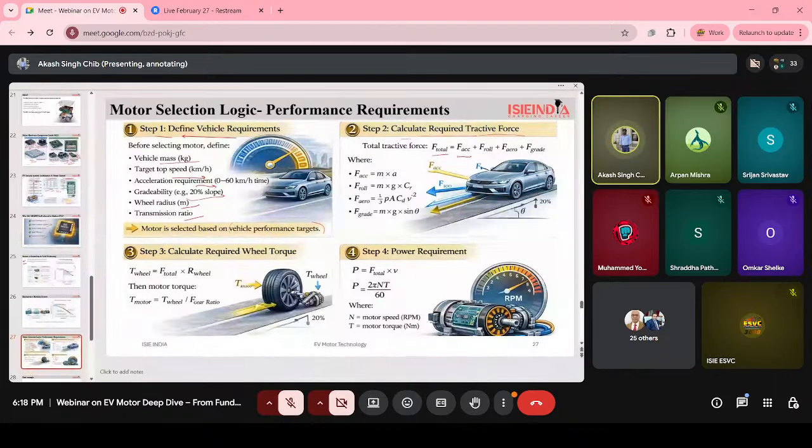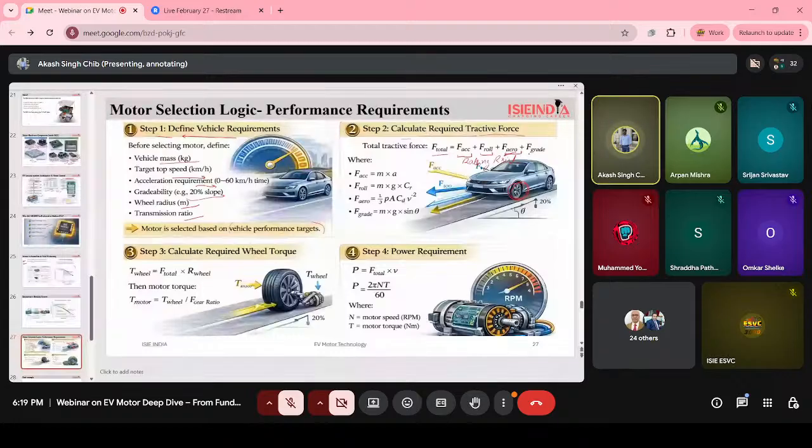Here is the acceleration force, and F roll is the rolling resistance of a wheel, and F aero is the aerodynamic force. It means when the vehicle moves forward, an aerodynamic force like a push comes from the front.